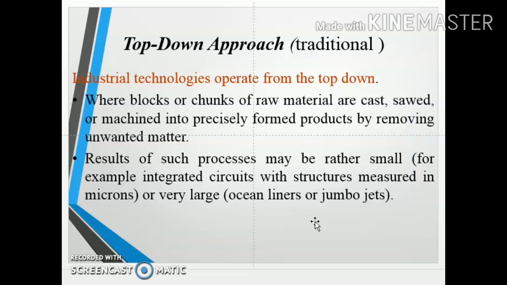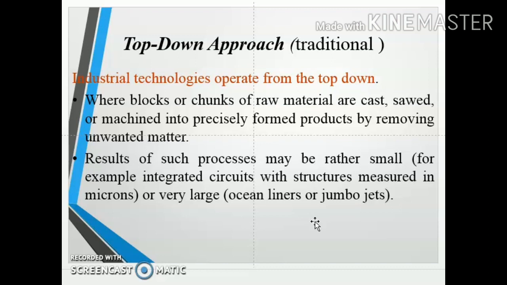Let us now discuss the top-down approach. The industrial technologies usually operate top-down, where blocks or chunks of raw material are cast or sawed or machined into precisely formed products by removing the unwanted matter. The result of such a process may be rather small or very large.